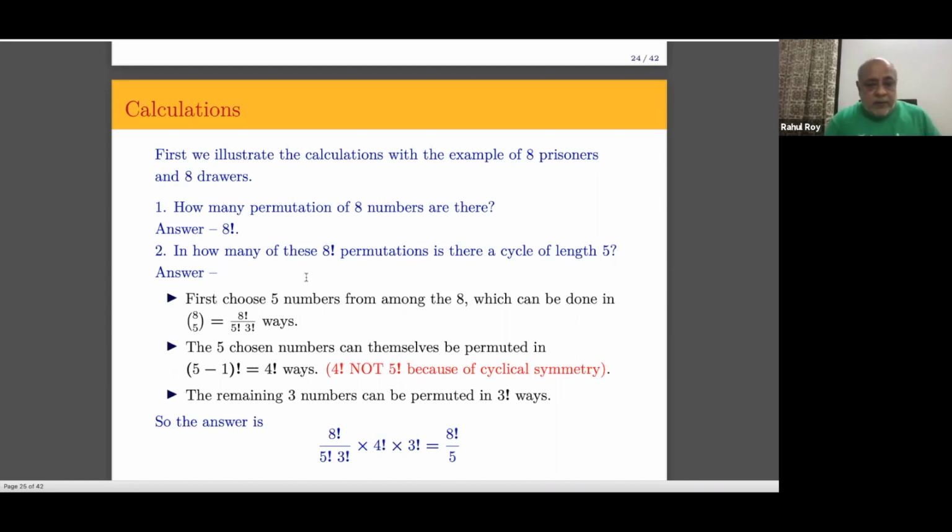So the total number of cycles of length 5 in these 8 factorial permutations is exactly this quantity, 8C5 multiplied by 4 factorial, because those are the ways in which those 5 can be permuted, multiplied by 3 factorial, which is exactly 8 factorial divided by 5.